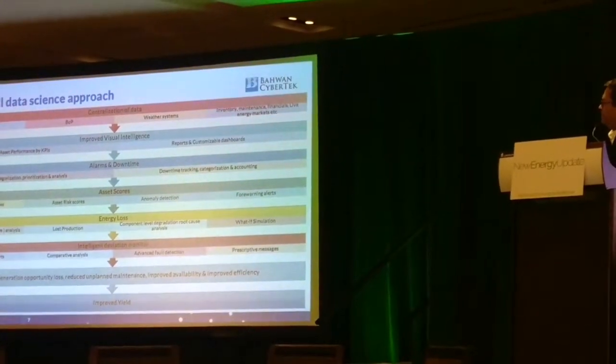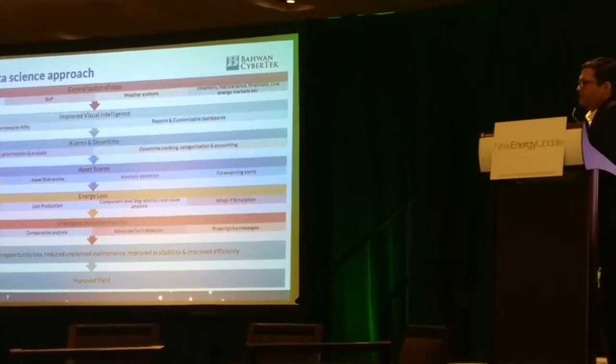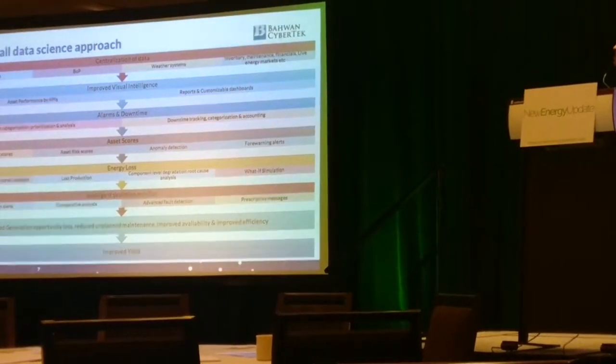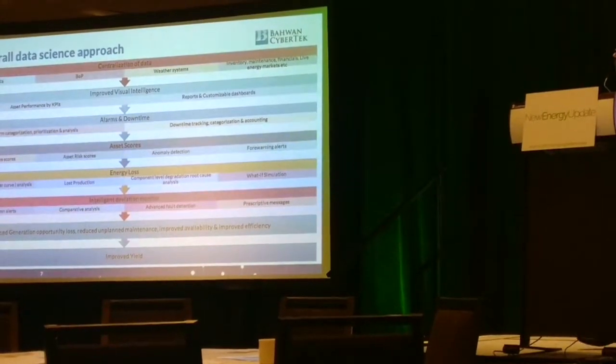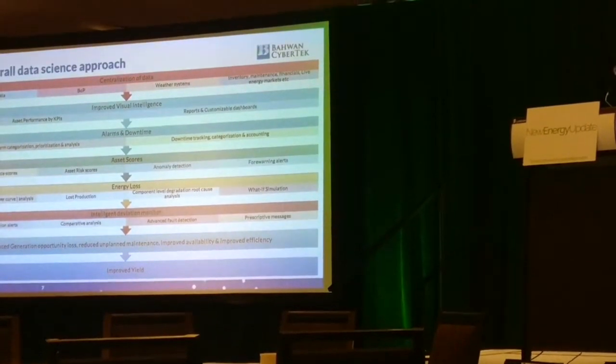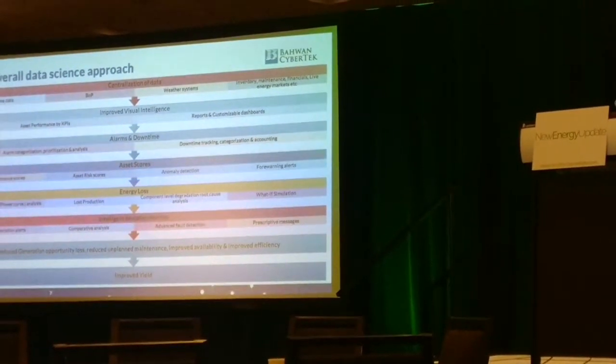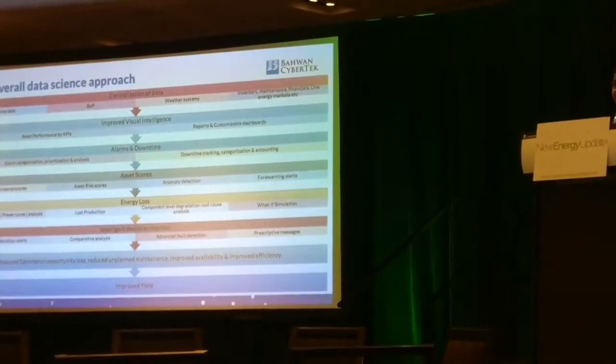Then put the data through and further do an analysis of alarms and downtimes, categorize them, track them, and use them for further modeling. And what we do as a differentiator probably, we have been doing it for other verticals, we have been trying to do for renewables also, is we compute the performance scores of each and every asset.